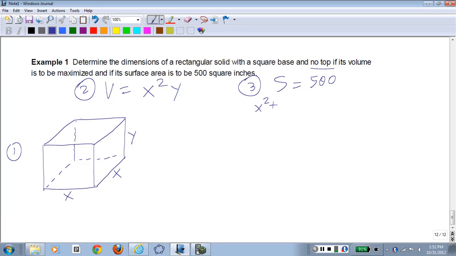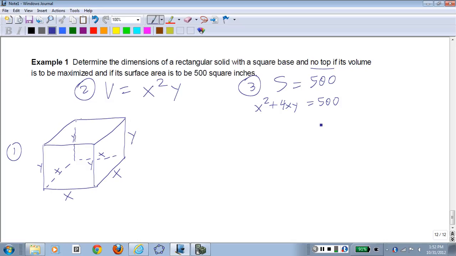Left, right, front, back. Each of those rectangles is x times y because that's y, and that's y, and that's x, and that's x. So x squared is the area of the bottom plus 4xy equals 500. That's the secondary equation.